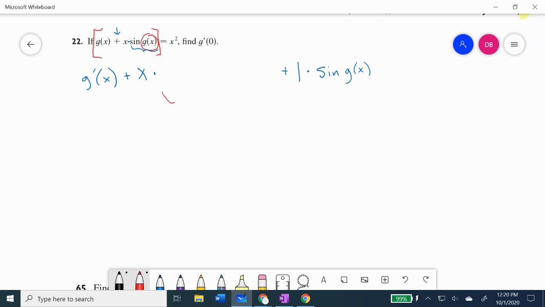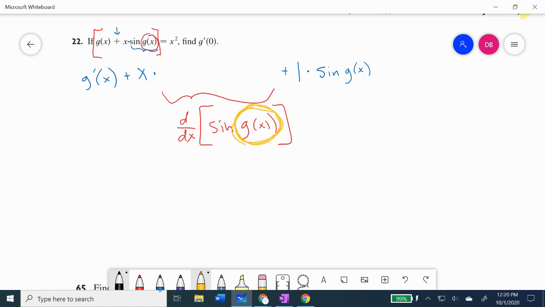Now, right here, I'm going to need to take the derivative with respect to x of the sine of g of x, and I need to recognize that this is a baby function inside of sine. So I start off with, who's the mommy? The mommy is the sine of blah.